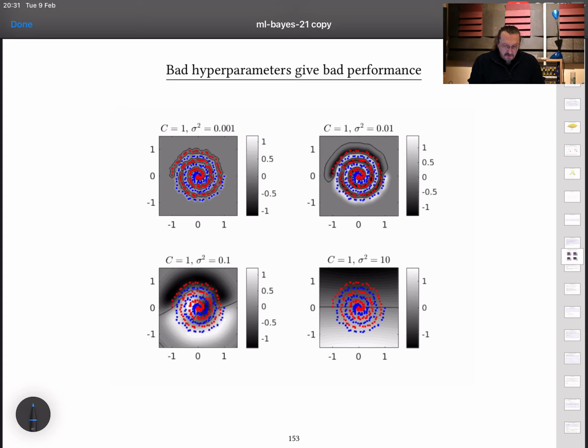In fact, if you look very closely at this, you'll see that it's going around those dots in some places. The other class, as you can see, each blue dot is surrounded very closely by an area where the output of the SVM classifier is strongly positive.